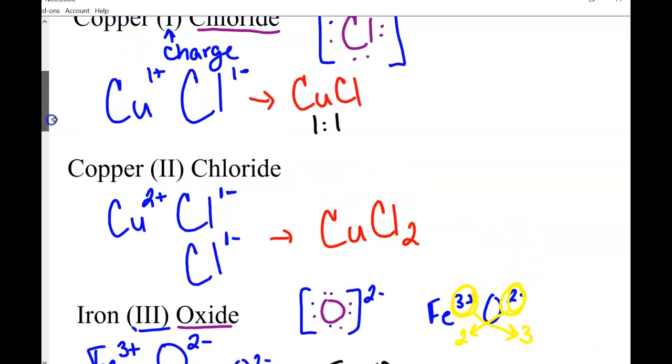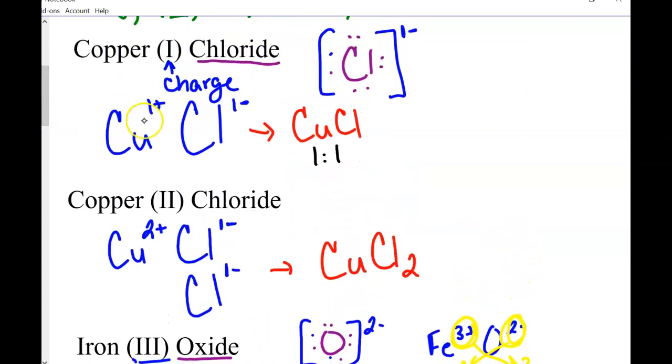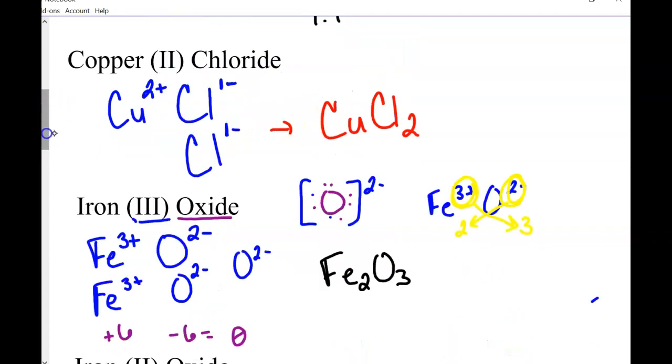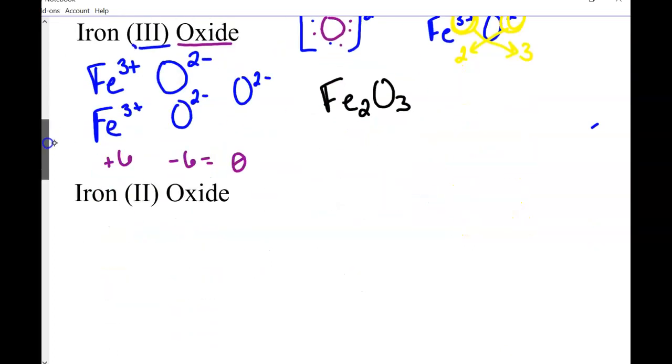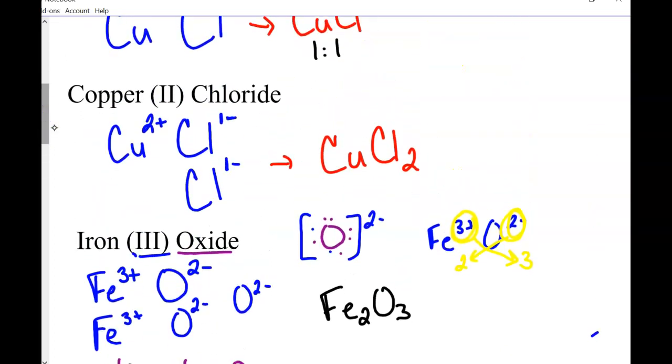And if I scroll up, you'll notice that here in copper 1 chloride, we didn't need to multiply. So they're in a 1-to-1 ratio. But do you see how that trick actually works in copper 2 chloride? Because the charge on the cation ends up being the subscript on the anion.